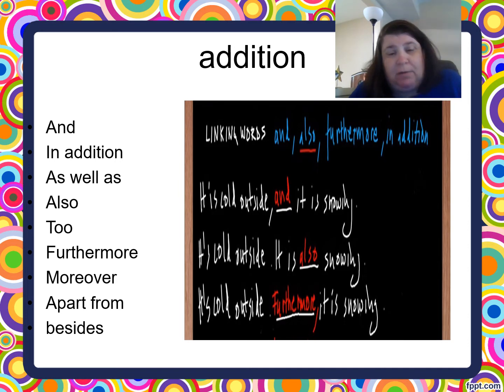It is also snowing. And we can also look at the last one. It's cold outside. Furthermore, it's snowing. So you could have also done it's cold outside as well as it's snowing. Or it's cold outside and it's snowing too. So you could use any of these words to show addition.